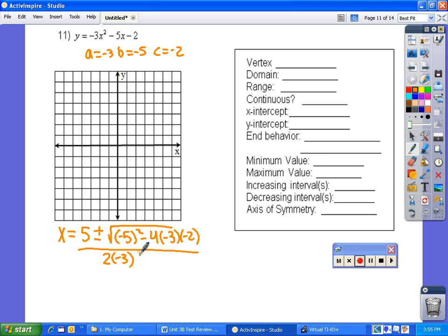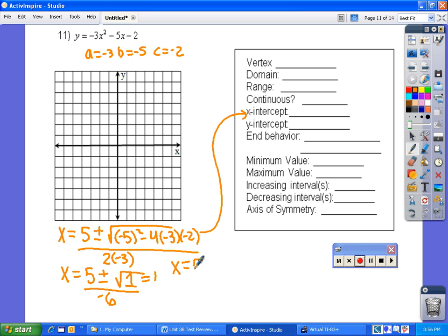This will give us our x-intercepts. So inside the square root is just 1. So this is a perfect square, so that's just equal to 1.